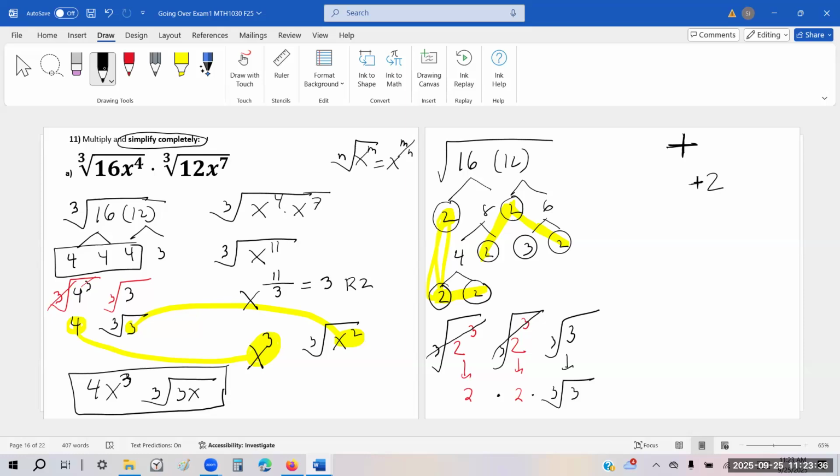So for example, here this 2 has a plus sign in the front because we start with that 2. But besides this 2, everything else has a multiplication sign between them. So it is 2 times 2, 4 radical 3, which is the exact same thing we have here, 4 cube root of 3. Any questions?